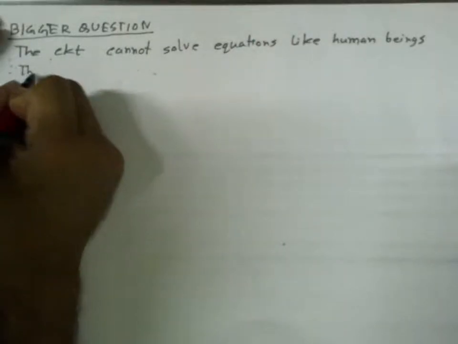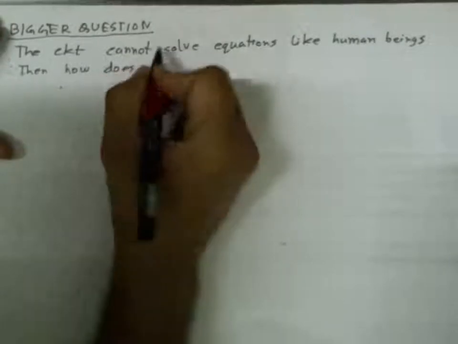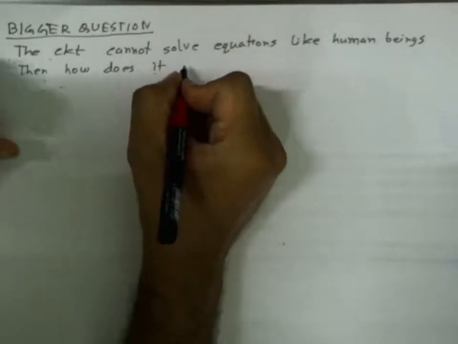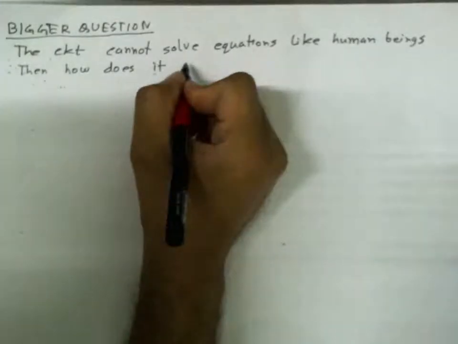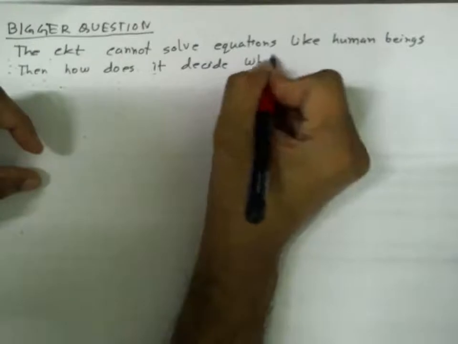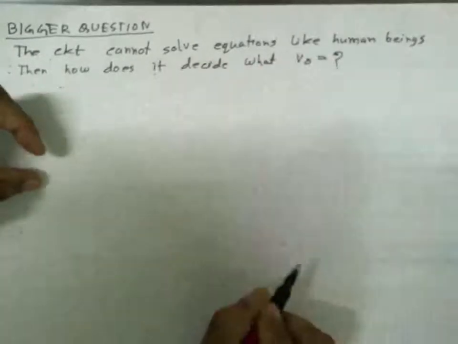Then how does it decide what VO should be?